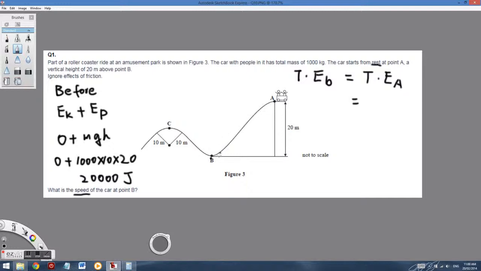Have a look at the energy after. It will again be kinetic energy plus potential energy. This time the potential energy will be 0 because it's at ground level. The height is 0 at point B. Kinetic energy, half mv squared, should equal the total energy before.